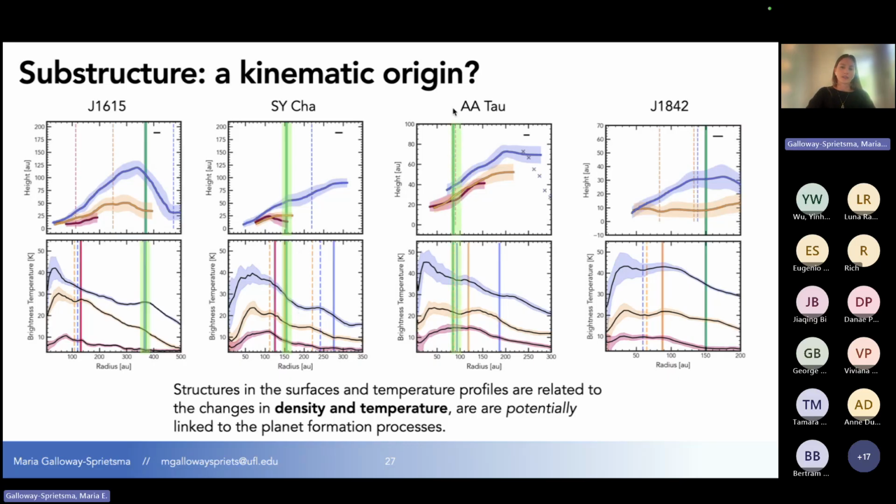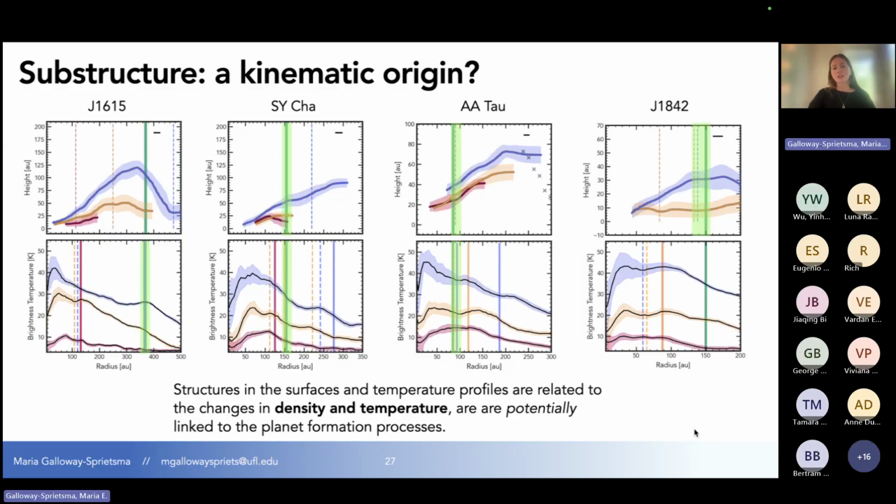AA Tau exhibits the slope change in CS and a dip right at the location of this KPS. And J1842 has a dip in both emission surfaces within one beam size of the kink in the velocity channels.